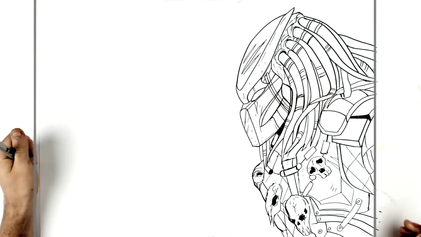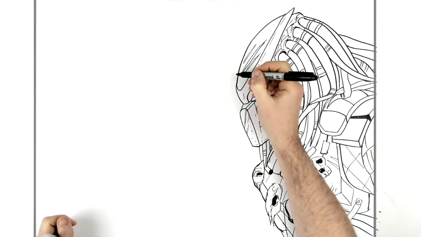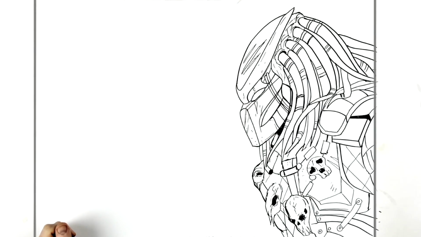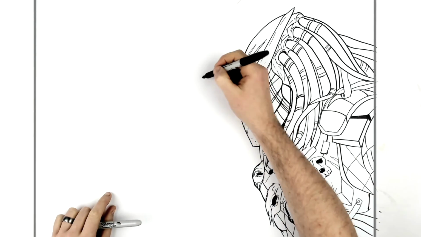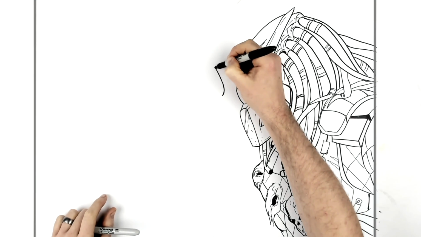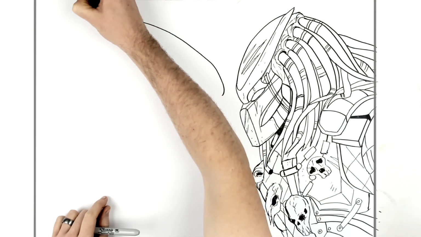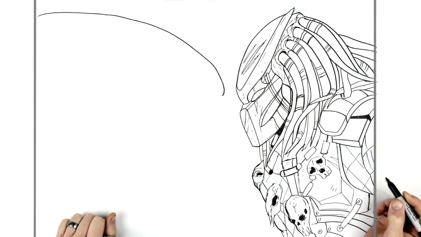So his skull, right, it's going to go right up off the back of my page. So, where is he? There. So I'm going to start it here, right? They're face to face, right? So we'll go off that way.